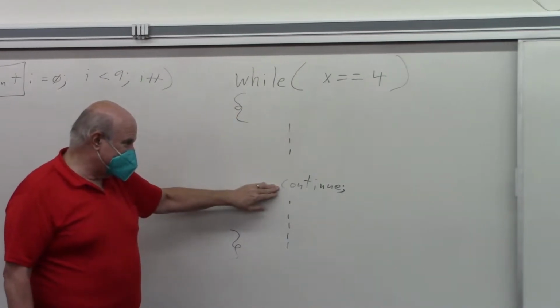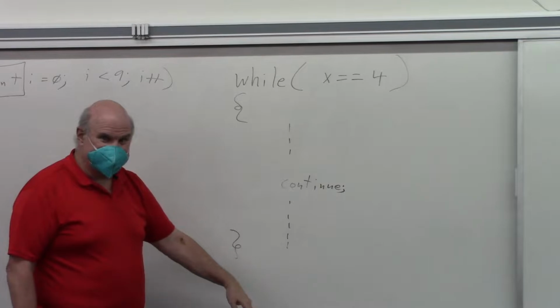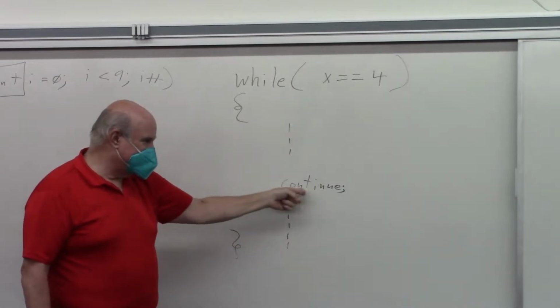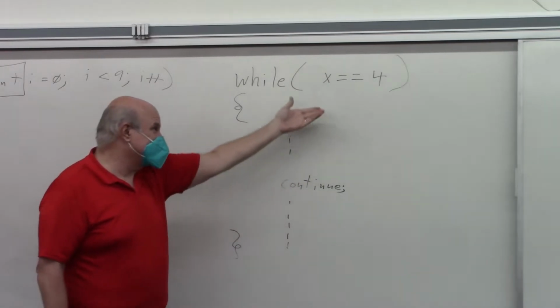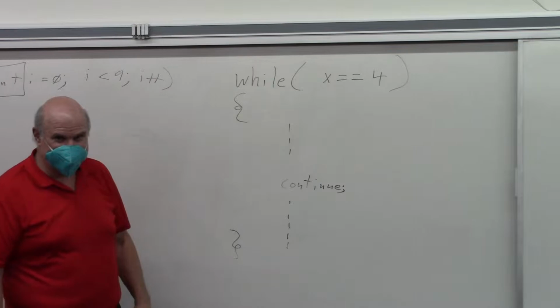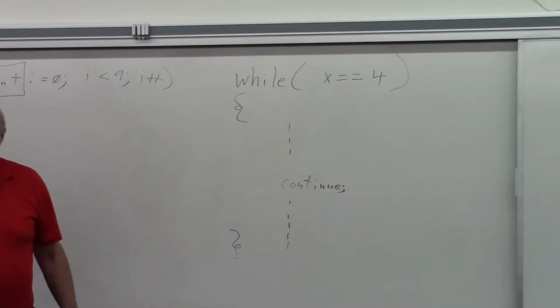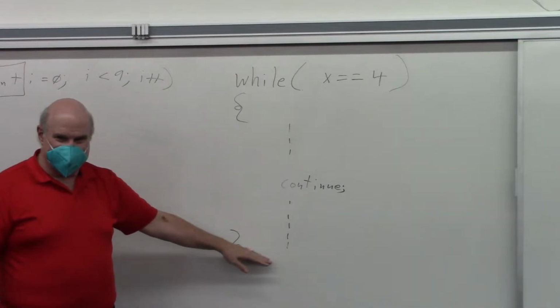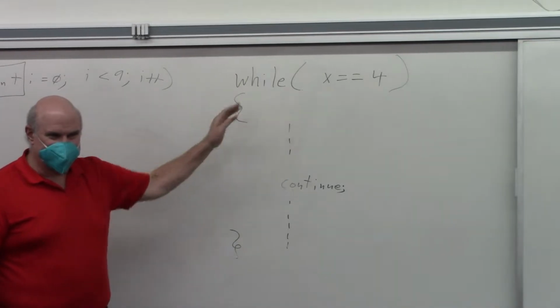So continue says, don't do any of this, loop. That's what the keyword continue means. It tests whatever the condition is and continues on. So break says, exit the loop. Continue says, don't do any more in this iteration of the loop, start the loop again.